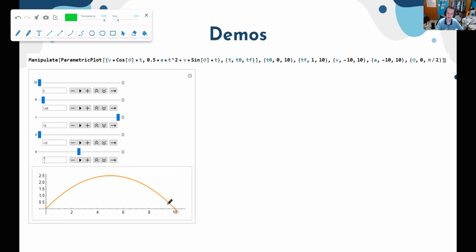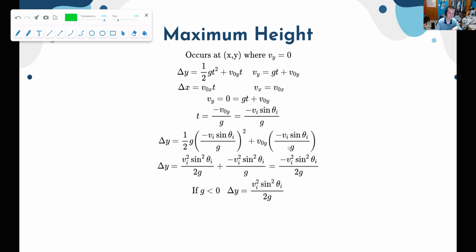And then as I decreased the angle, at some point, the distance also started going down. There was some value for the angle where the distance was maximized, and so we're going to try to find that. What is the angle that we want to launch our projectile at so we can get the maximum distance on it?